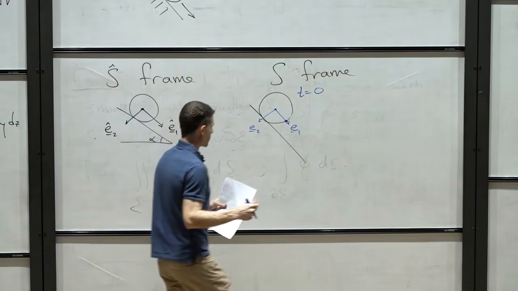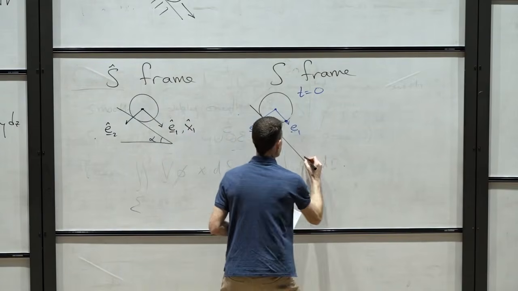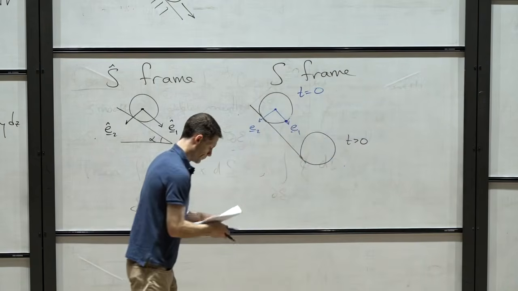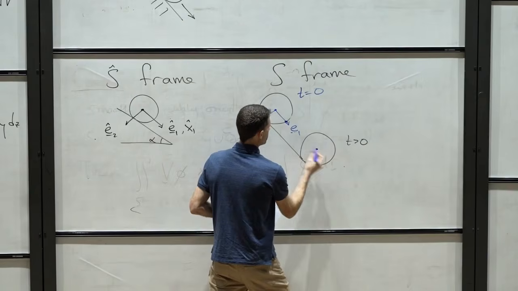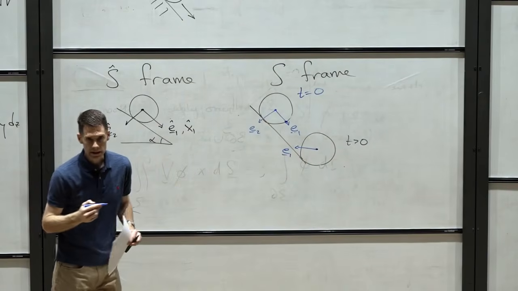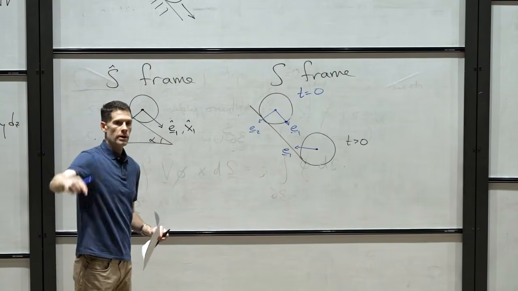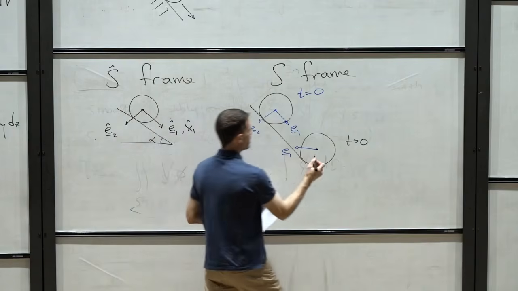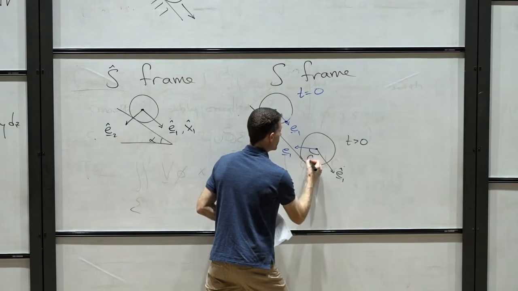So just to add to our picture, if this thing rolls a bit at some later time, t greater than 0, what we'll see is that E1 is no longer pointing the same way. E1 is now pointing like that, say. We'll keep track of how much E1 has rotated by measuring the angle between E1 and E1 hat, and let's call that theta.